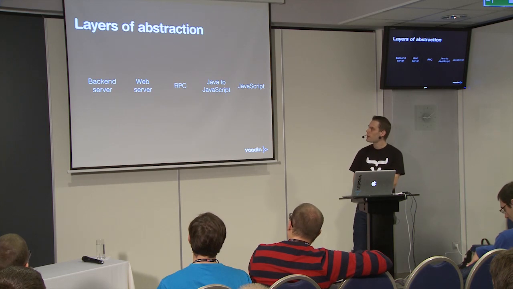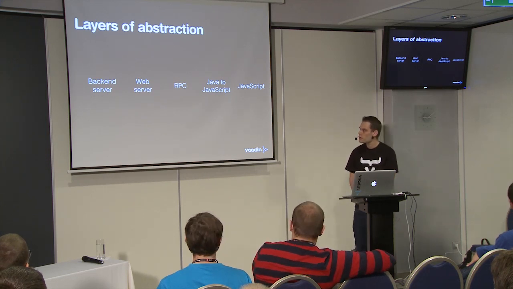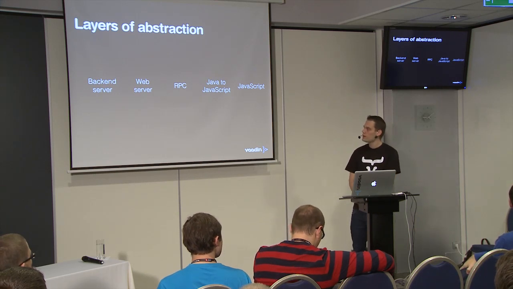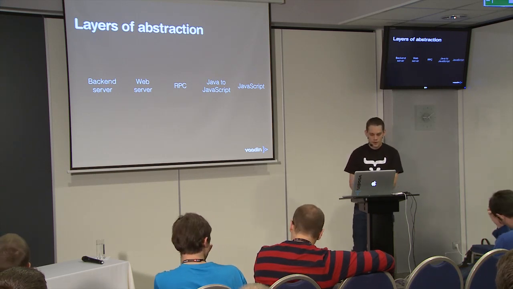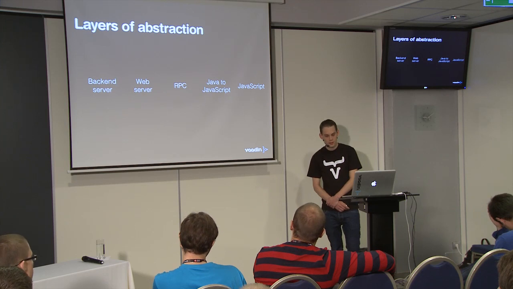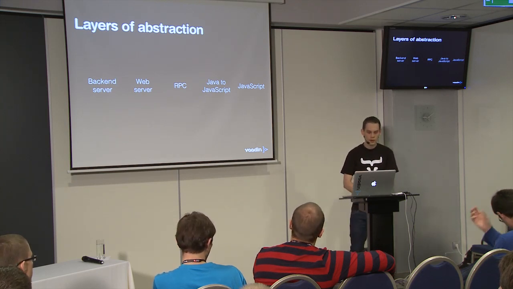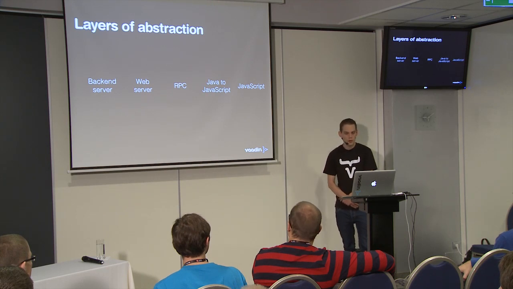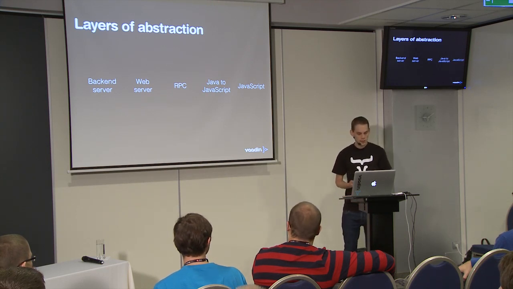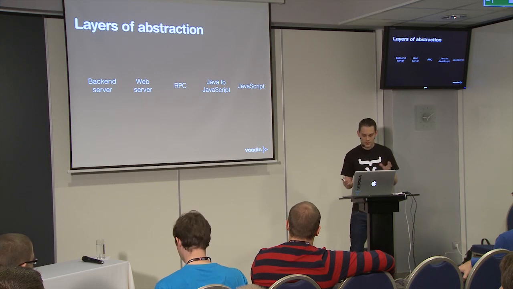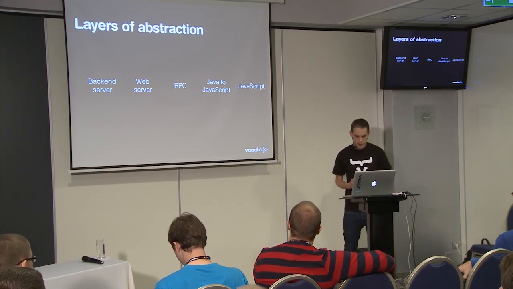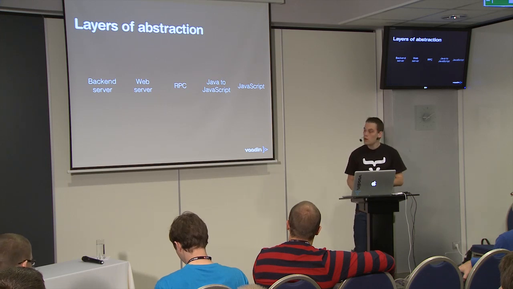You need to implement the backend, where the business logic and, for example, the database are. You need to implement the web server layer, which is the entry point for your UI or contains the UI code. Then you need to implement the communication between the client side and server side, and then you need to implement the client side with JavaScript.